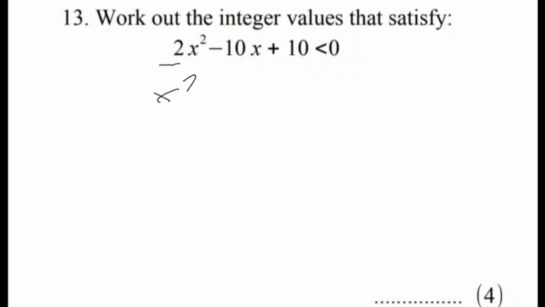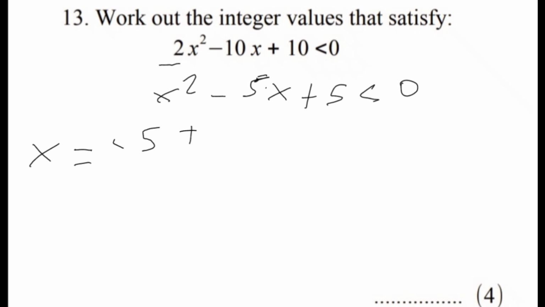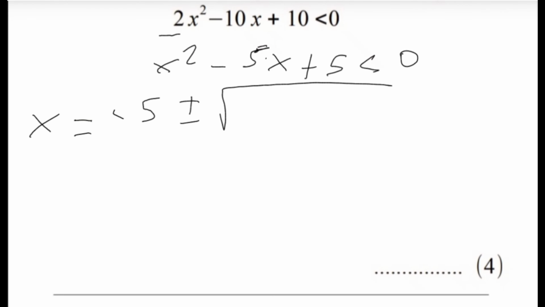In the next case, this time we have a 2x squared. So let's divide the whole equation by 2 to simplify it. And from experience and inspection, I can see that this time we can't factorize this very simply. So what we're going to do is use the quadratic formula to substitute in these values of a, b, and c to find firstly the roots of this equation.